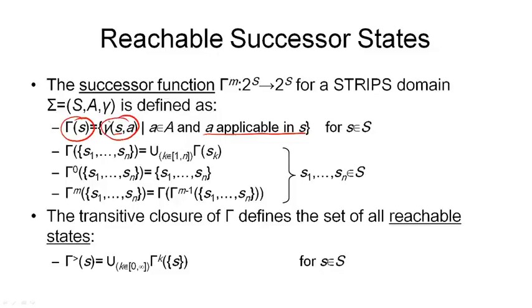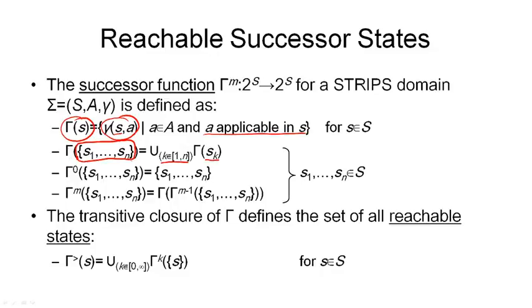We can extend this definition slightly. Suppose we are not in one state, but we are in a set of states. We know that we are in one of these states, and we want to define what states are reachable from any of these states. Then this is simply the union over any of these states of gamma of s_k. So we compute the successors for each of the individual states and build the set union, which is the result of gamma of s1 through sn.